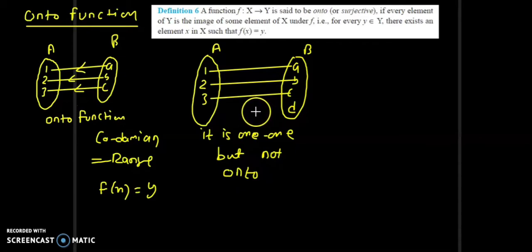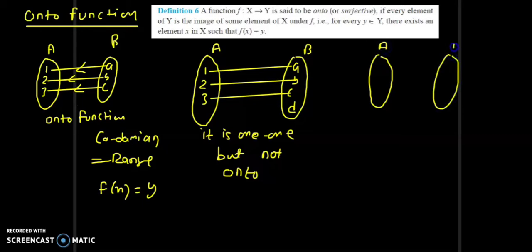So it will be an onto function. No element should be left without an image. It can be like this, then also it will be onto. Suppose 1 2 3 and A B C. If you have images like this, 1 related to this, 2 to this, then also it is onto, because all the elements are related, but it is not a function.